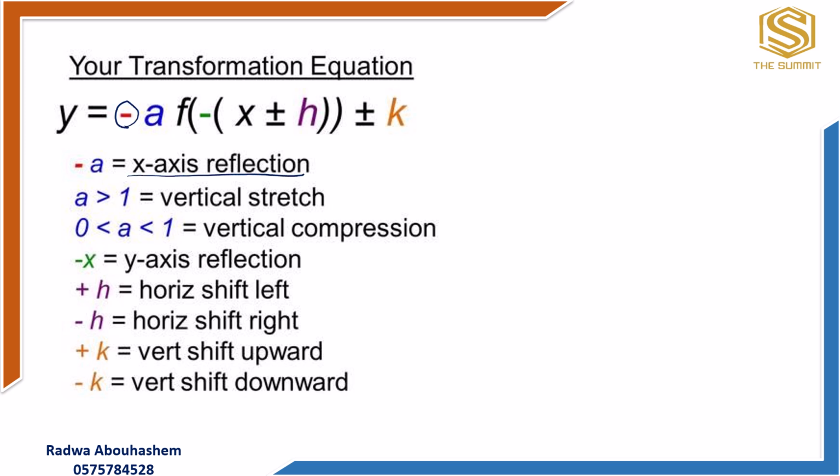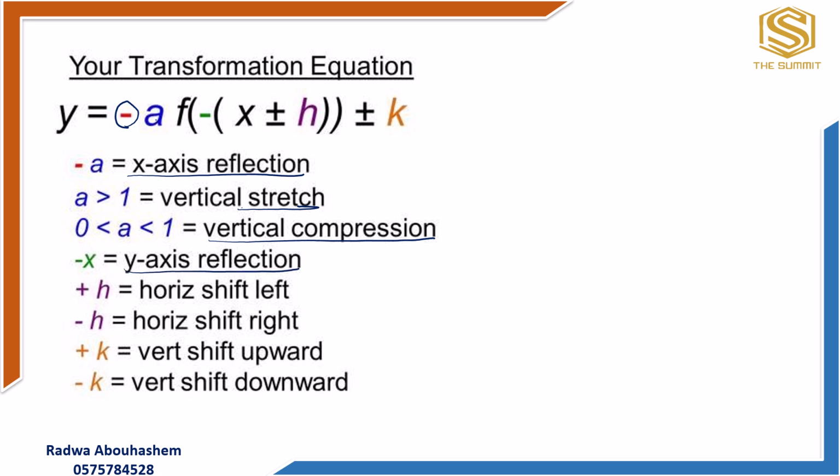Now, the a here is for the vertical stretch or the vertical compression. If you multiply by a number greater than 1, it's vertical stretch. If you multiply by a fraction, it's vertical compression. Now, when you put the negative on the x itself, it's a reflection over the y-axis.